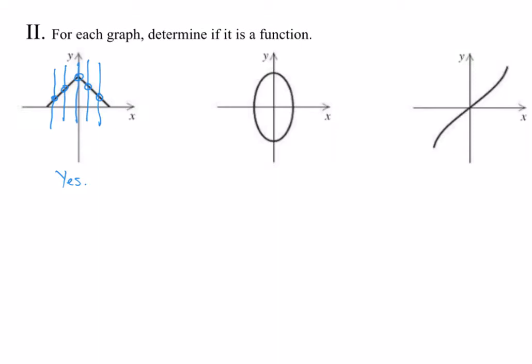If we come to our second example, I want to know if this is a function. And so here's the thing. Here is a vertical line. Note that it crosses the graph at more than one point. It crosses twice. And I just need to find one single line that does this in order to disprove function. So this is not a function.